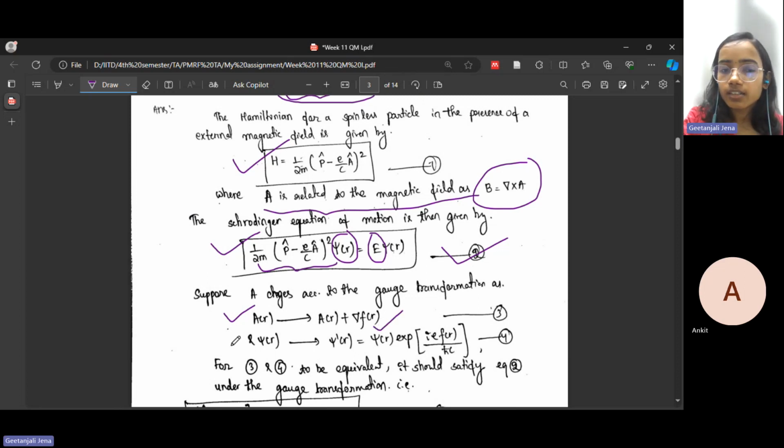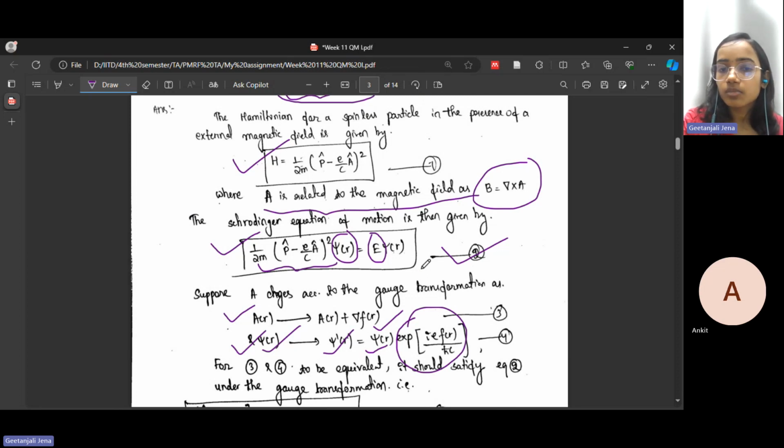We have also taken that the wave function under this gauge transformation changes by a phase factor, like psi goes to psi prime of r, and this psi prime of r is related to the initial wave function by a phase factor exponential i e f(r) by h cut c. Now what we will prove? We will prove that under this transformation the energy eigenvalue E will remain the same.